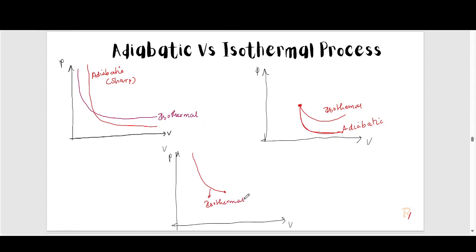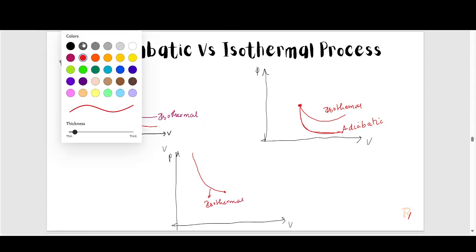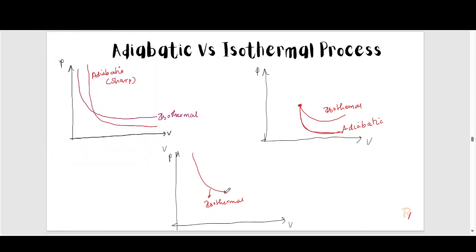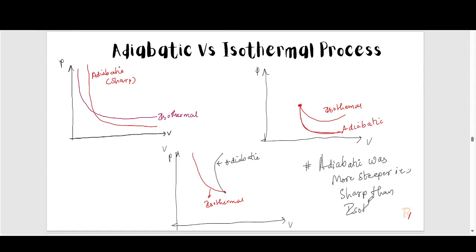This we can say was an isothermal graph, and this shows adiabatic. Since adiabatic was more steeper, that is sharper than isothermal.